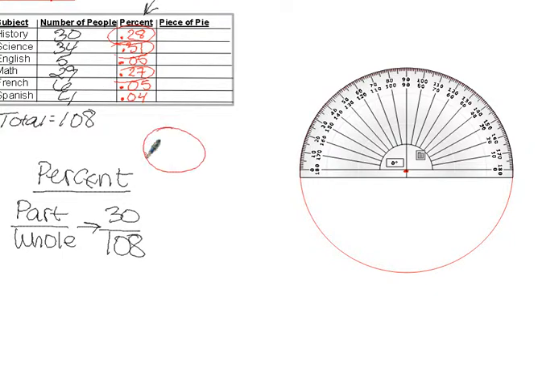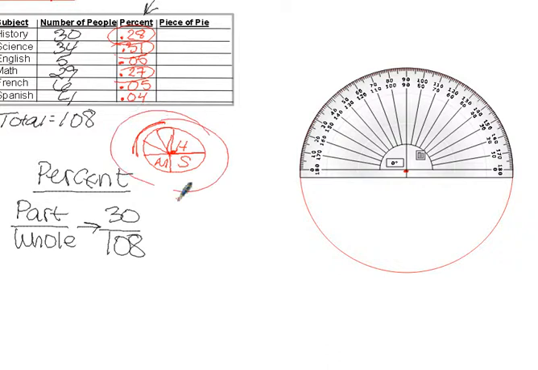So in the end, our survey shows science and math, and the other three subjects, English, French, and Spanish, are essentially going to be split in between here. But this isn't to scale.